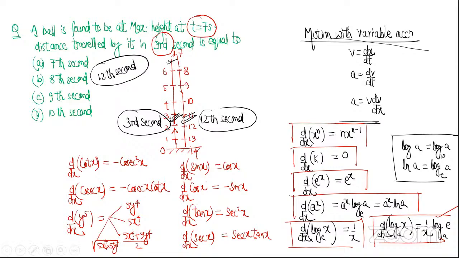Sir, 5 into y to the power of 4 into dy by dx. ये चार ऑप्शन में से कोई भी नहीं? Yes, correct. So that's called a chain rule, है ना? जब ऊपर नीचे वेरिएबल अलग हो जाता है, then we have to use chain rule. तो अब ये सबको इरेज करो.